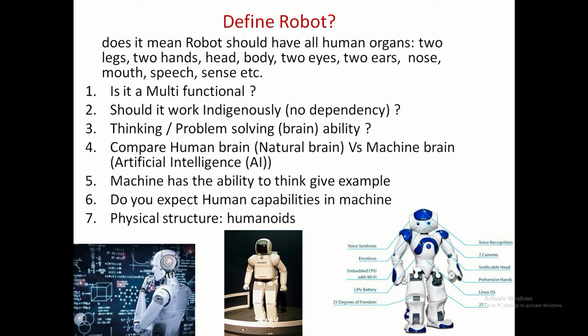Including the physical structure, right? Two legs, which can walk, lift, run. If we can incorporate the equivalent of a human being, then we call them humanoids. People are developing such robots also, but they are not meant for the manufacturing sector. They are for either domestic or some industrial applications.